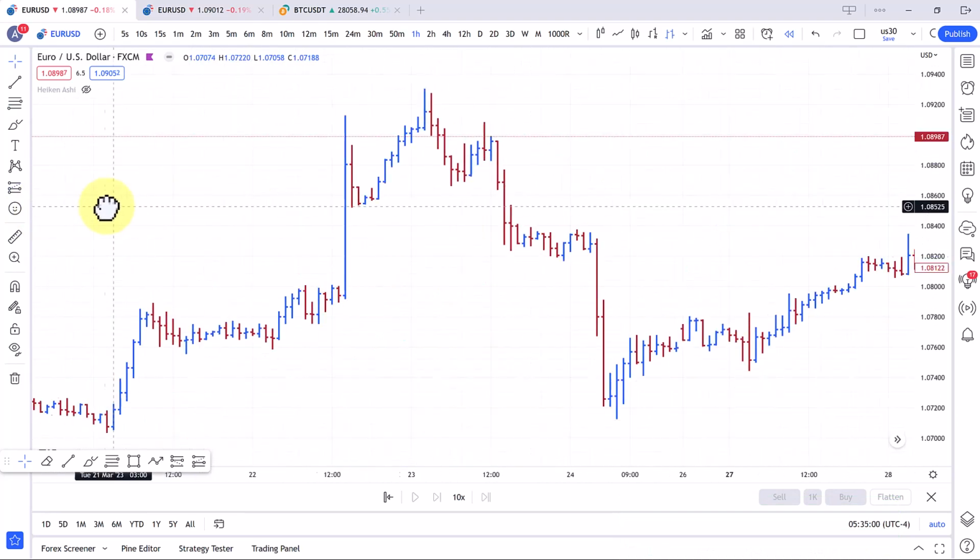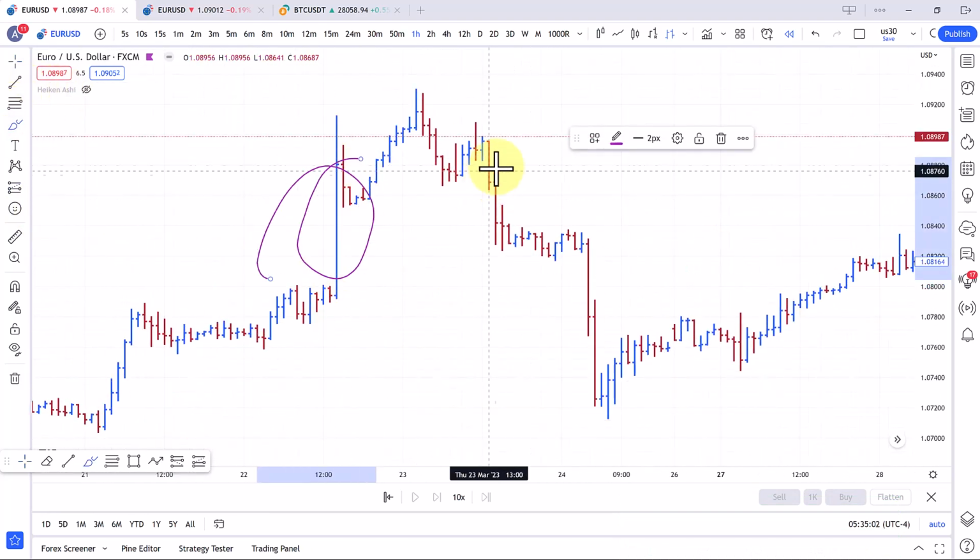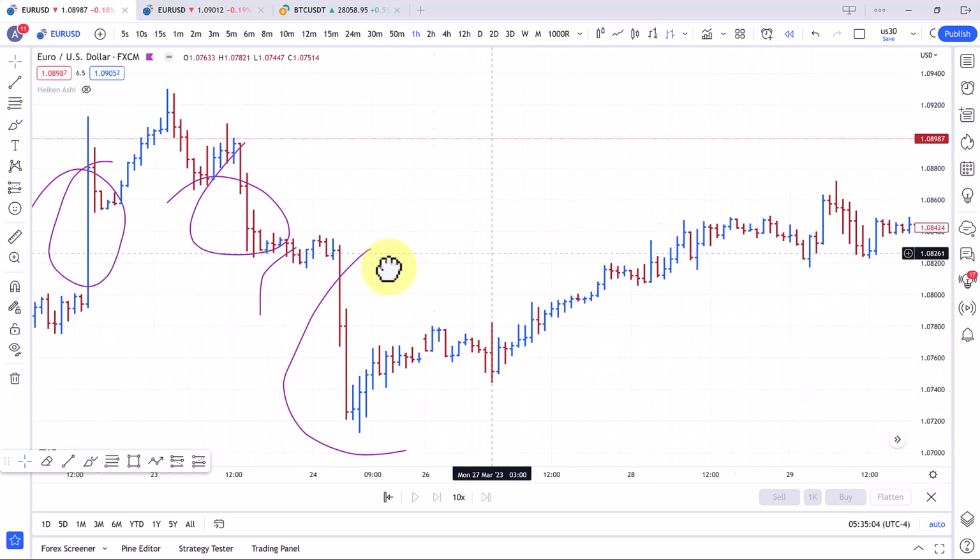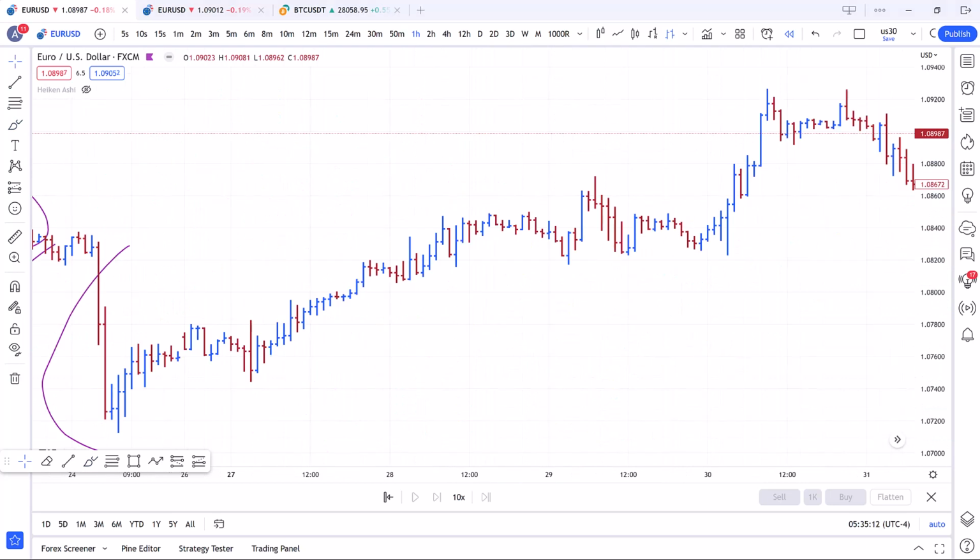Or for example this momentum, or this, and these momentums as well. So it gives us a better view of the momentum in the market. They are very similar to candlesticks, but candlesticks are better and cuter and more graphical than bar charts. Reading bar charts is harder than reading candlesticks.